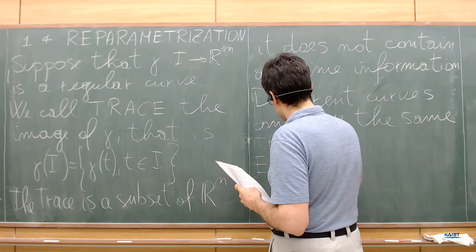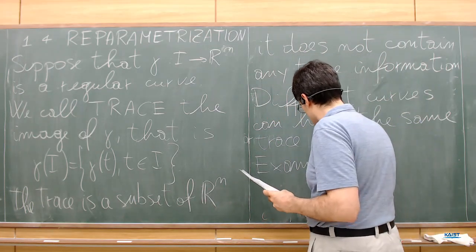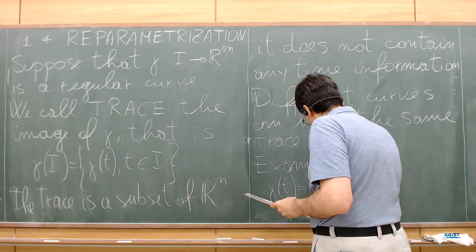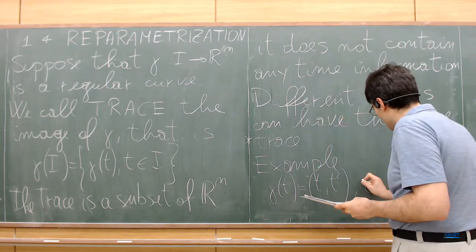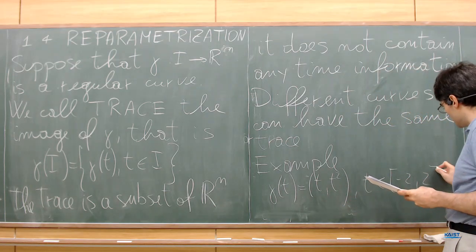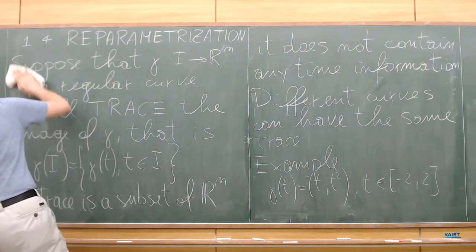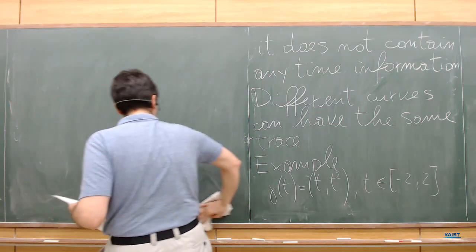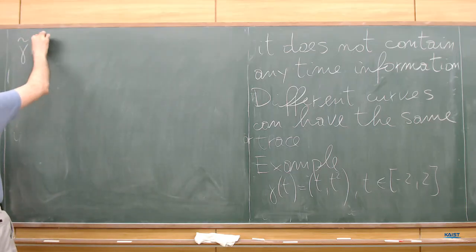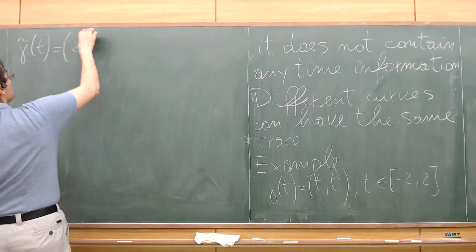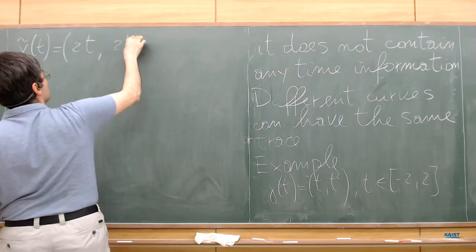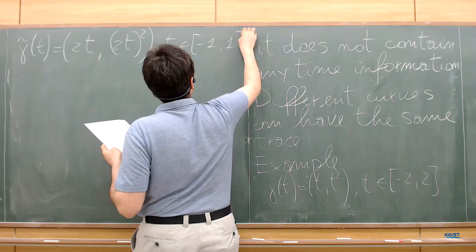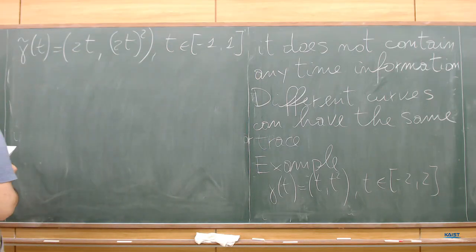Example: gamma of t defined by t squared with t in the interval minus 2, 2, and gamma tilde of t equal to 2t squared with t in minus 1, 1, have the same trace.